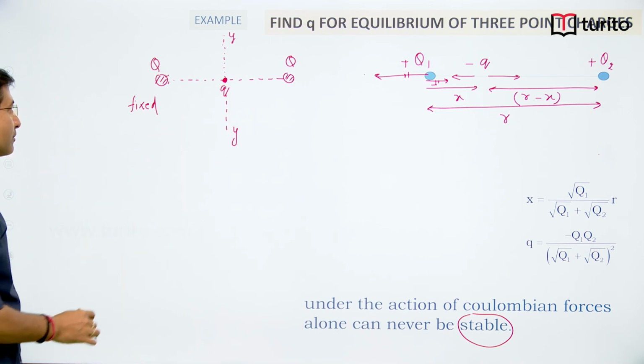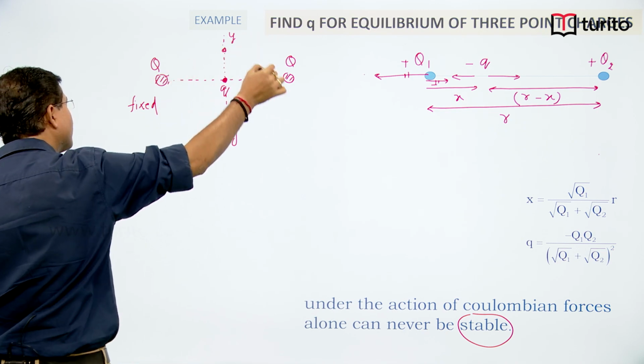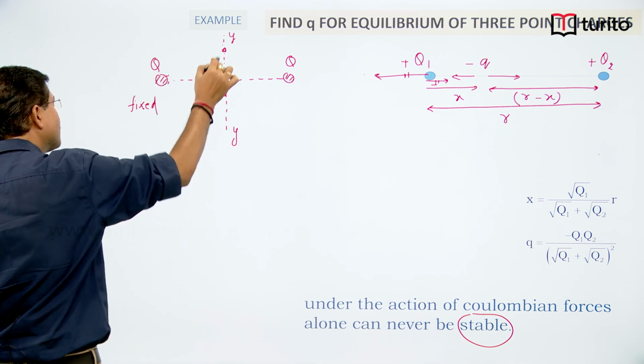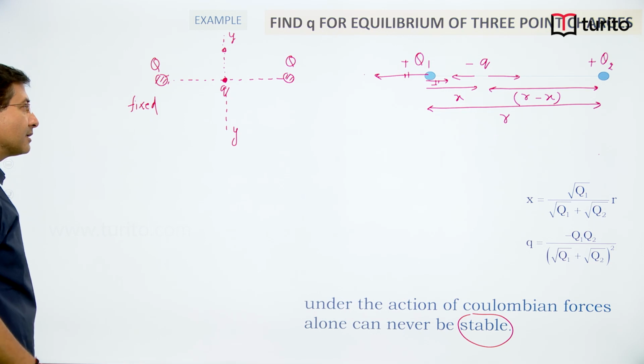Now when you displace this particle in this direction, as the force coming from this one this way, force coming from this one this way, this position in this direction will be unstable equilibrium.